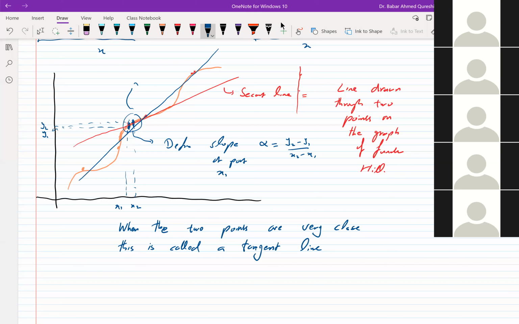This red line is going in the same direction, coinciding with the graph and touching it at one point when you bring these 2 points very close. So you take the slope of this line. The slope of the tangent line gives you the idea of how steep the hill is.